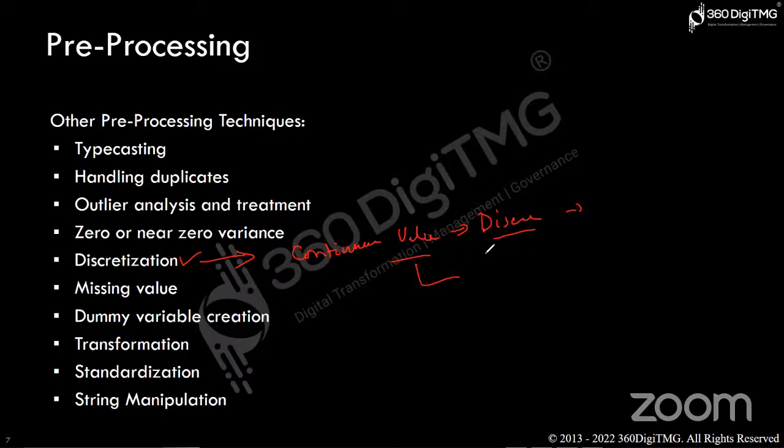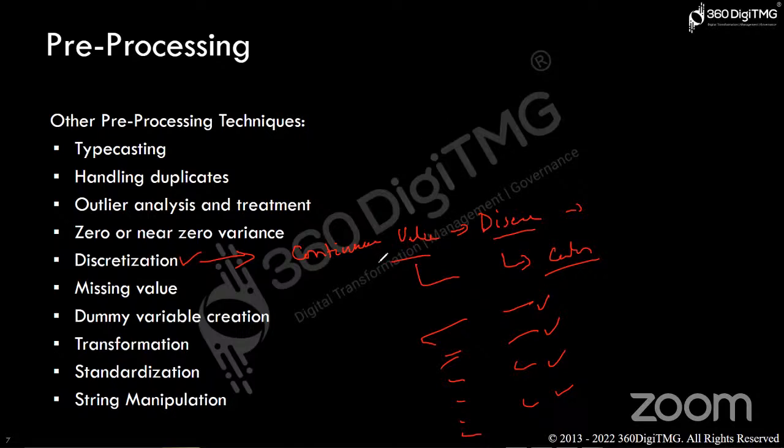If you are using discrete values, the calculations will be faster because now we are having categories. So only 4 calculations instead of multiple calculations will be done. This will be easier and faster. Accuracy might falter, but yeah.